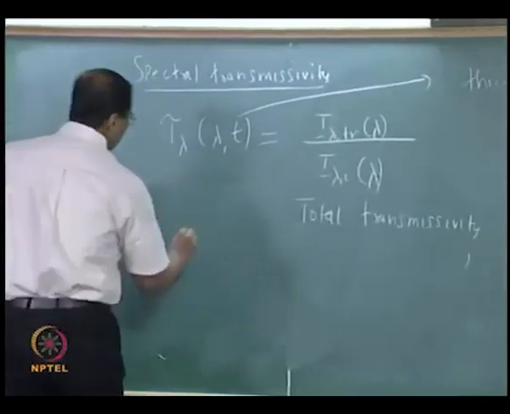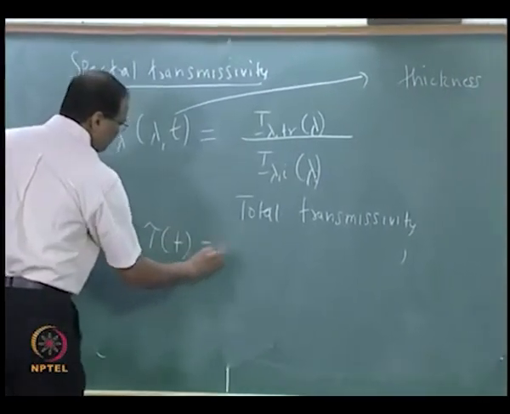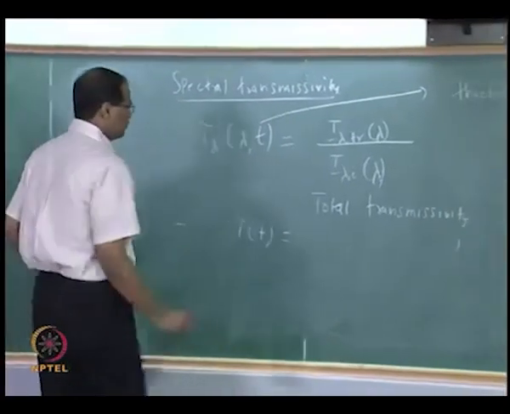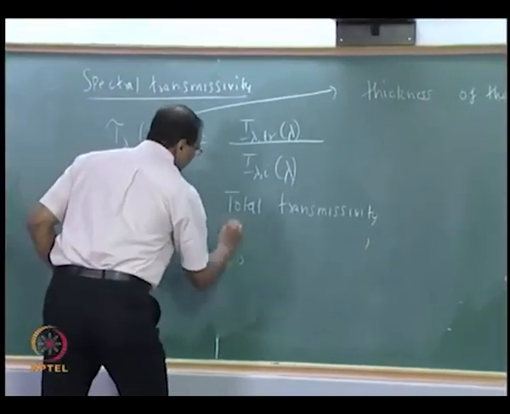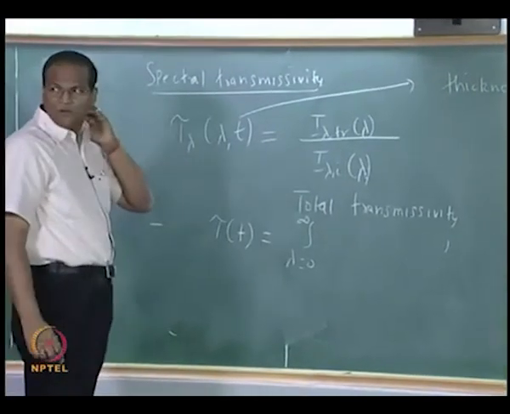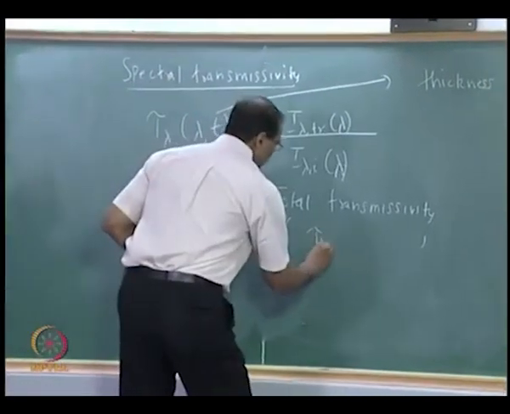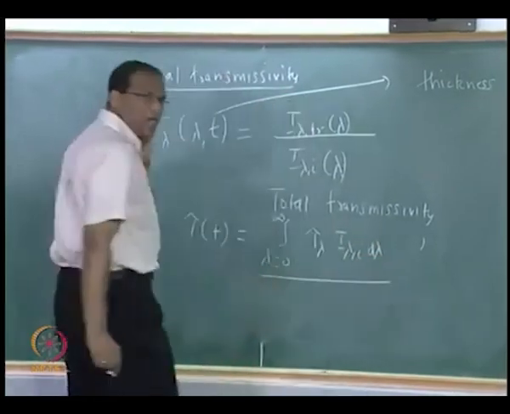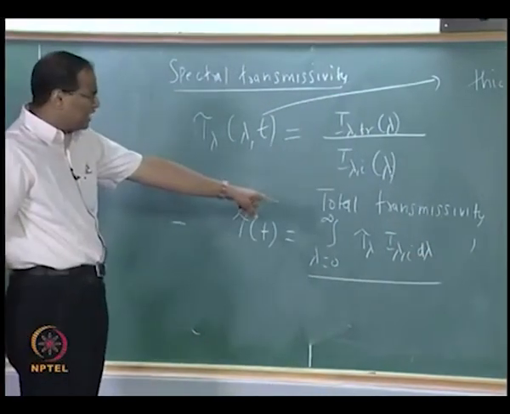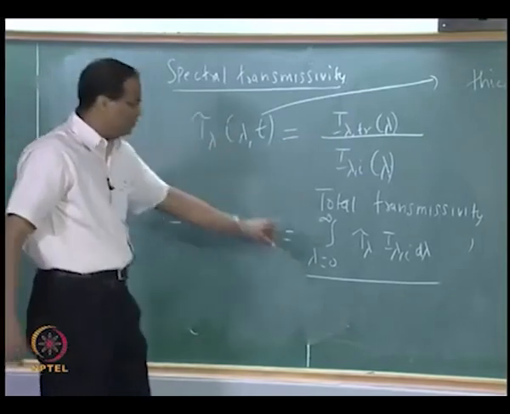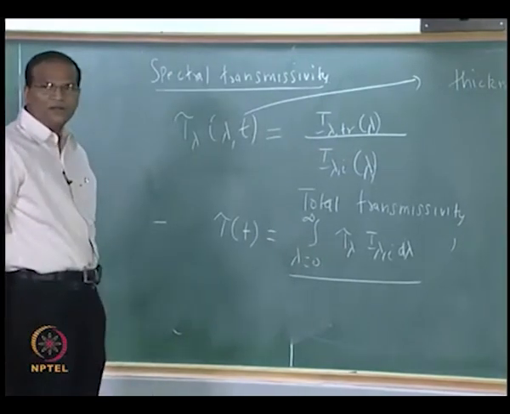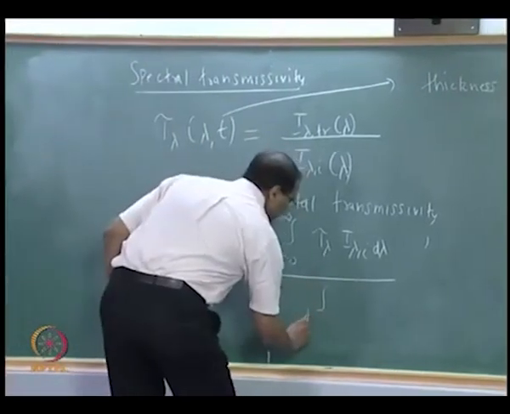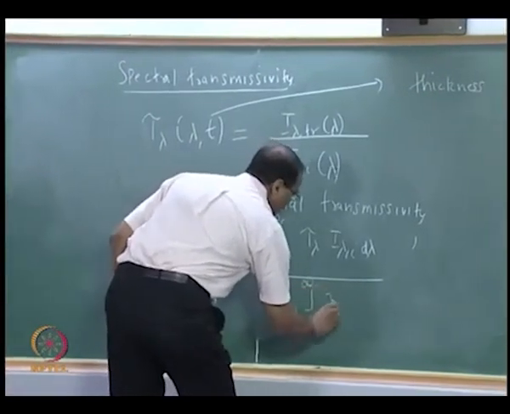Tau is the integral of tau lambda times I lambda incident d lambda, divided by the integral from lambda equal to 0 to infinity of I lambda incident d lambda. Very good.